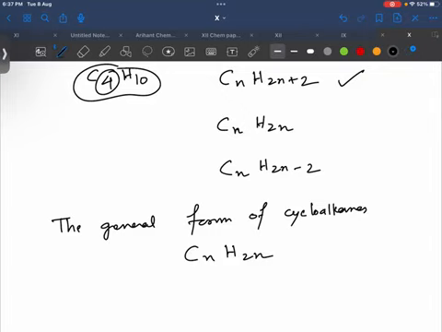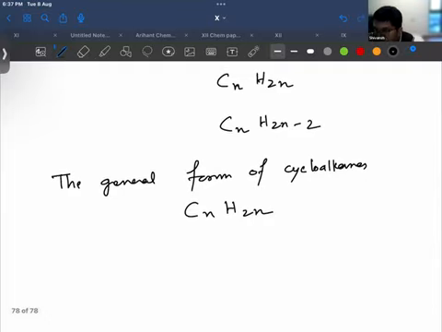Shivansh, tell me. You call something an alkene not because of its structure but because of its chemical criteria. No, alkene means it should have a double bond. So that's a chemical criteria, not a structural criteria, right?